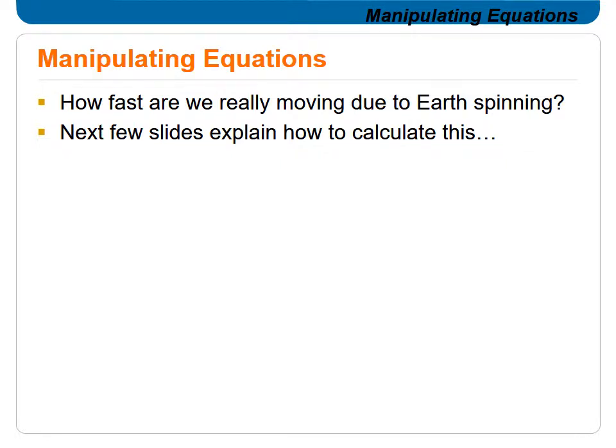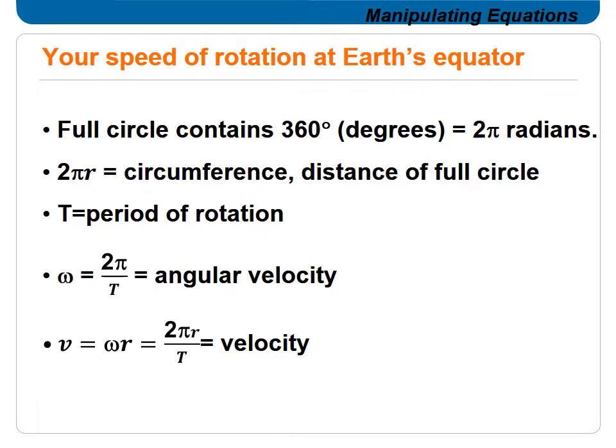And now, how do we know how fast the Earth is really spinning? How fast are we moving if the Earth is spinning? This is how you can calculate this. You take a full circle, say you're standing at the equator. A full circle is 360 degrees. That distance is the circumference, which is 2 times pi times the radius.